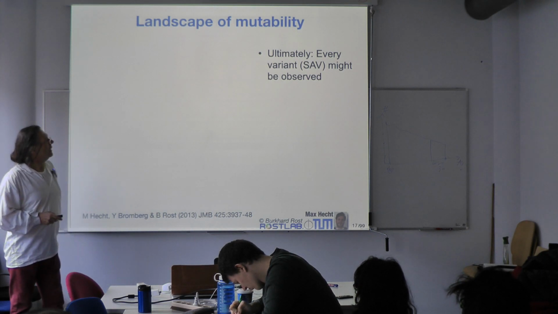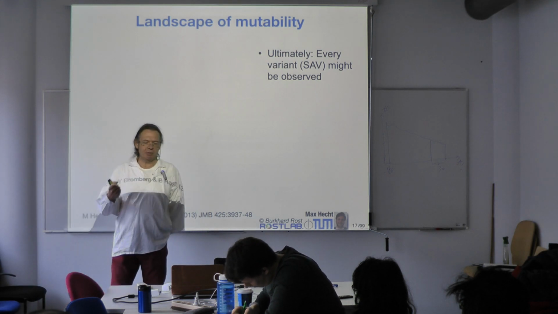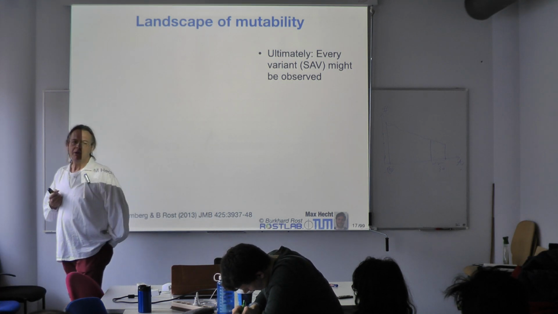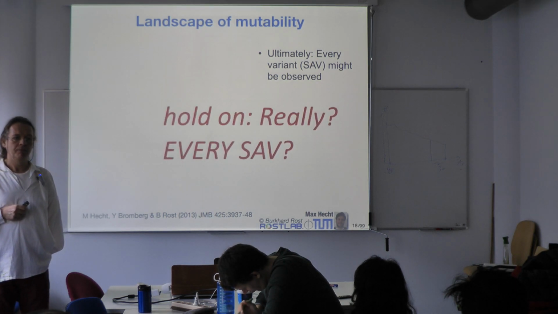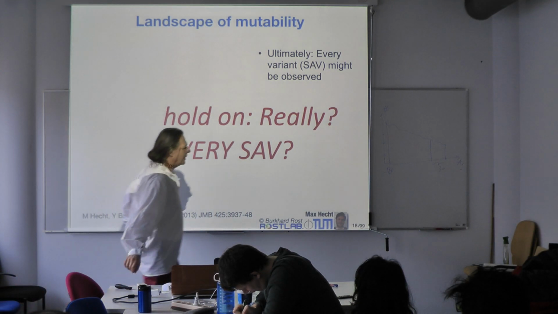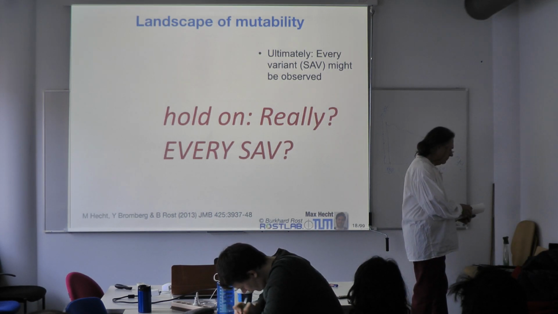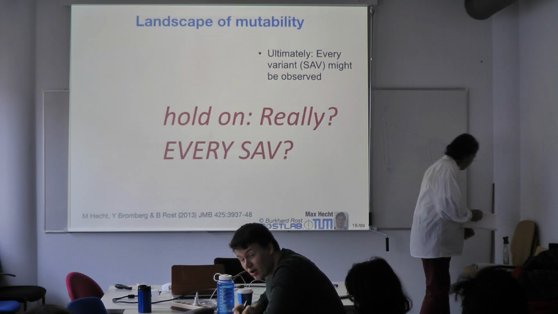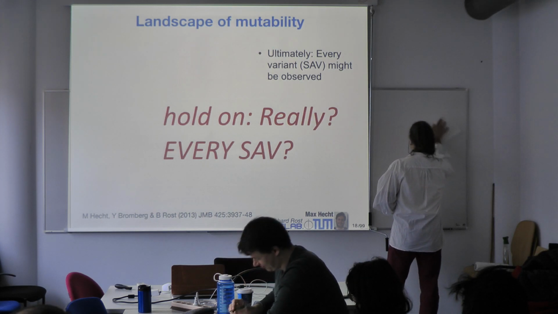Now ultimately, you may argue that every single possible SAV amino acid variant will be observed. Really? Do you believe? So again, let's just do the math again. What I briefly mentioned, we have 160 million possible SAVs in human, and I'm not entirely sure whether it's right. So the estimate goes as follows.